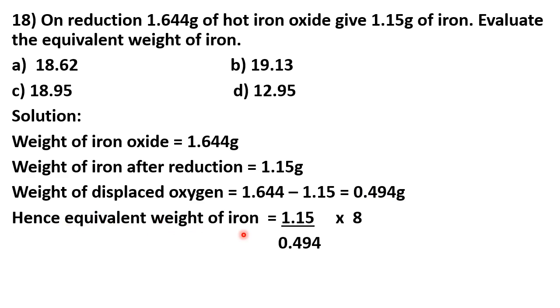The equivalent weight of iron can be calculated using the formula: weight of iron divided by weight of oxygen displaced, into 8. So the correct option is 18.62, that is option A.